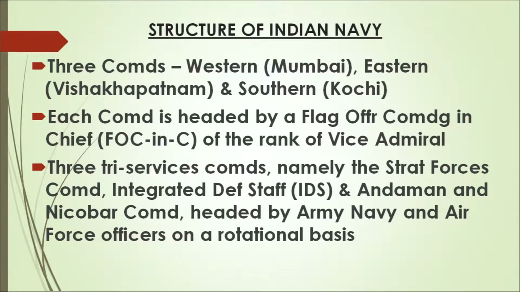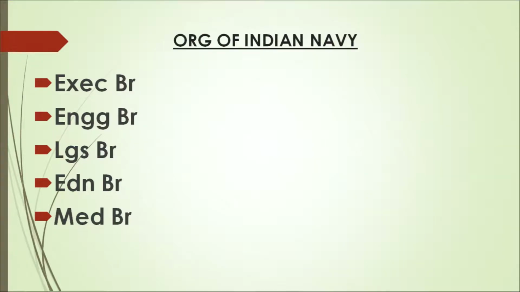Three tri-services commands, namely Strategic Forces Command, the Integrated Defence Staff, and the Andaman and Nicobar Command, are also, like I mentioned before, headed by Army, Navy, and Air Force officers on a rotational basis. Indian Navy is organized into executive branch, engineering branch, logistic branch, education branch, and medical branch.